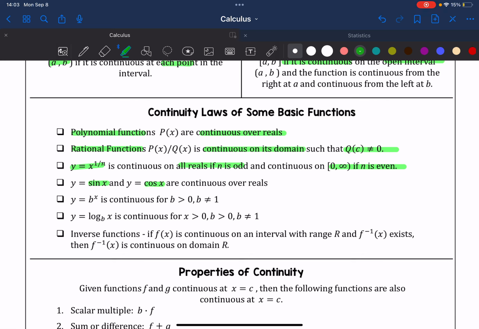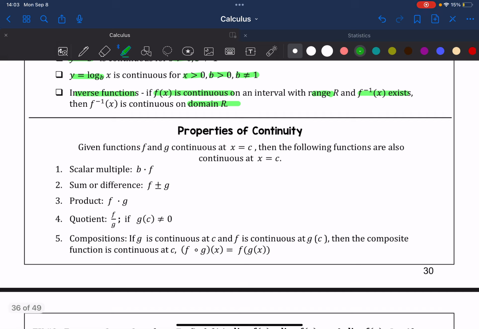Sine x and cosine x are continuous. Y is equal to b to the power x, so exponential functions are continuous if b is greater than 0 and not equal to 1. Log functions are continuous if x is greater than 0, b is greater than 0, and b is not 1. And then inverse functions are continuous. If the original function is continuous on the range, then the inverse function is continuous on the domain.